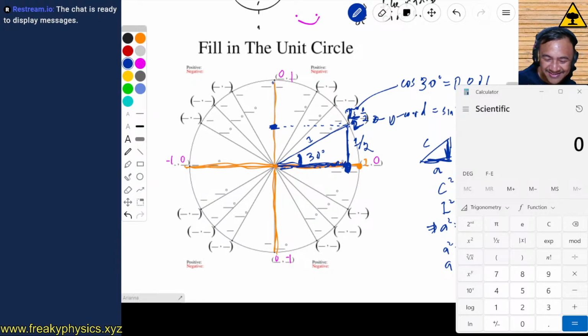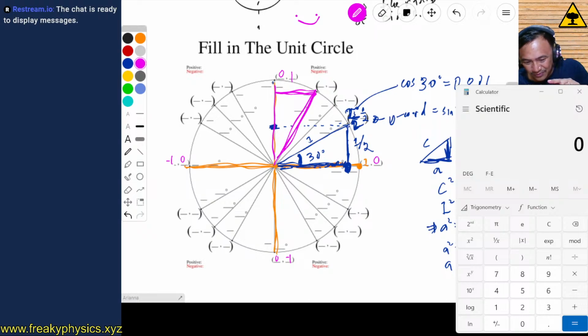Now, I want you to realize something, and this is where it becomes a lot easier to memorize than just trying to memorize the whole thing. I'm gonna make you look at this triangle right here. Does that look kind of familiar to you? It looks similar to that one.